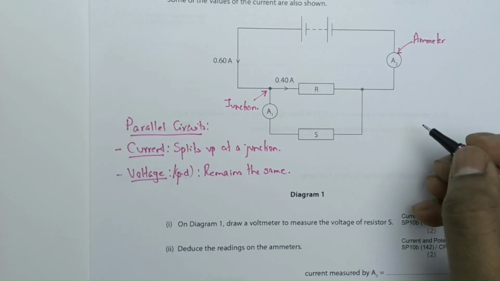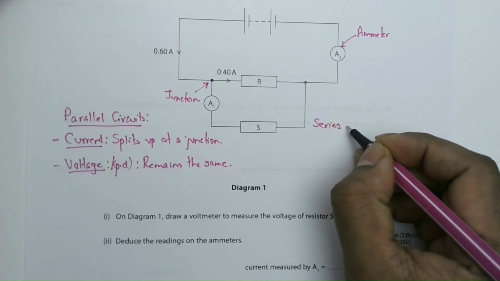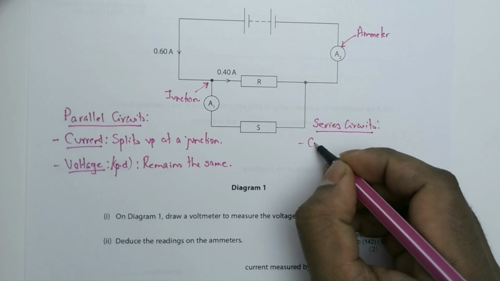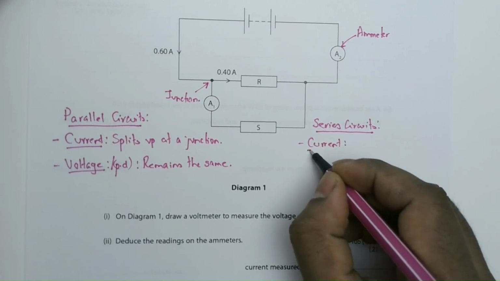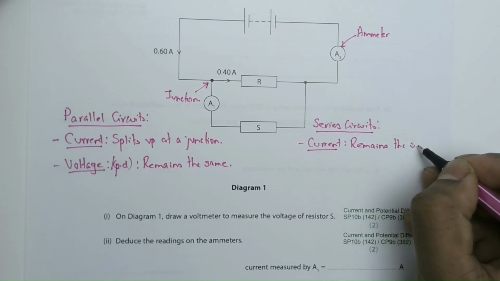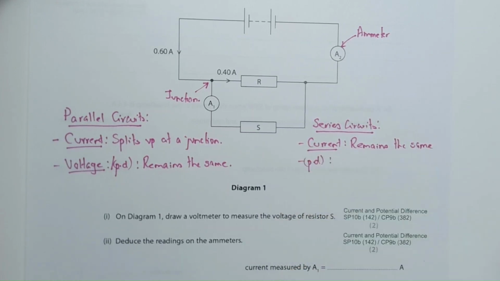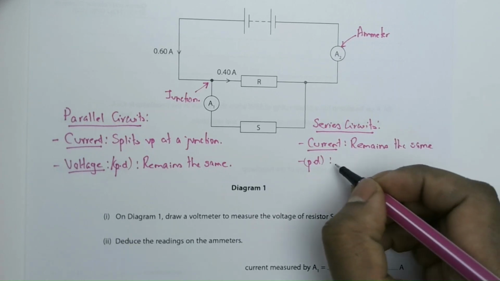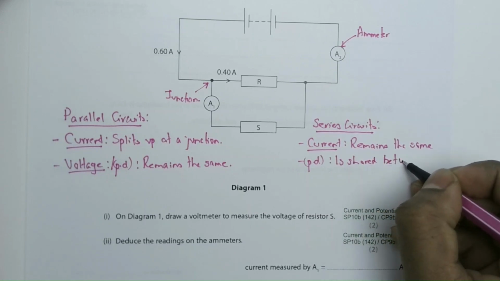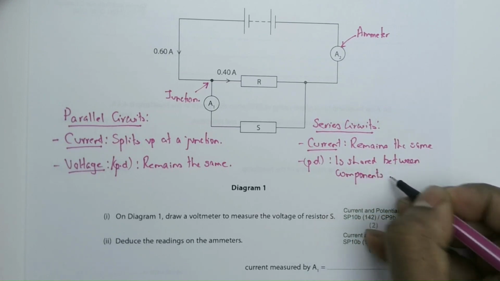So what happens in series circuits? Let me label that. In series circuits, current remains the same, and the potential difference, or the voltage, is shared between components.